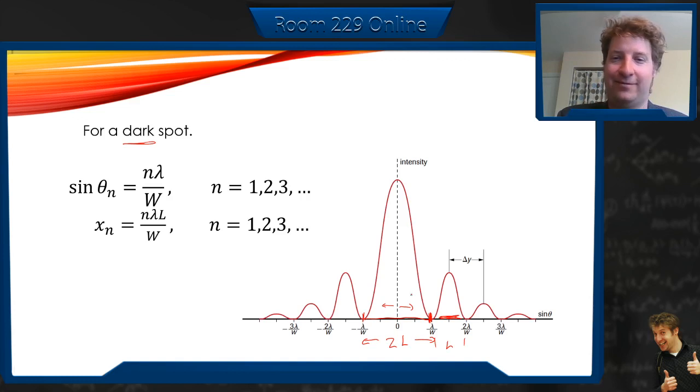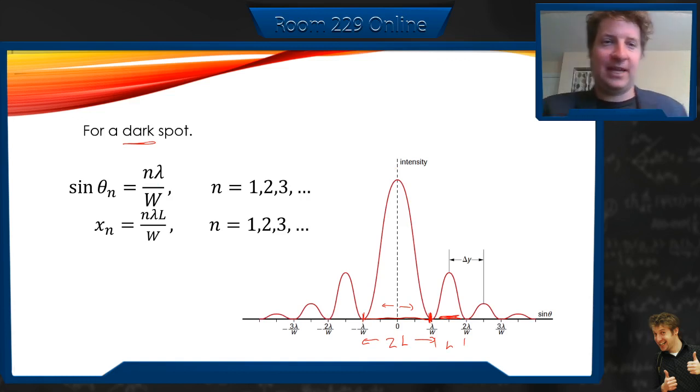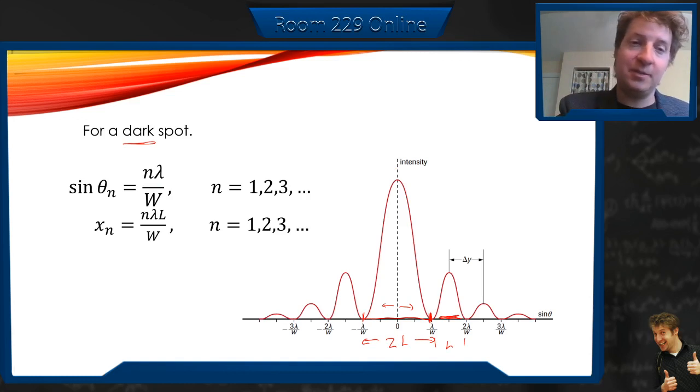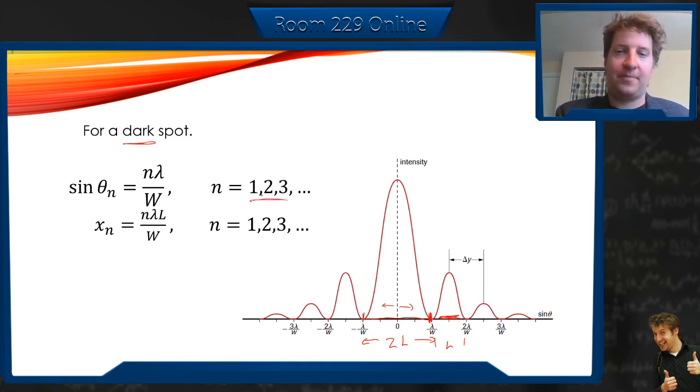Okay, we have that half shift on the inside, which doubles the central maximum, and which kind of flips all the math, right? So previously a bright spot was n lambda over d, but now we have a dark spot at n lambda over w. Okay, and notice that our numbers start at 1 and not 0.